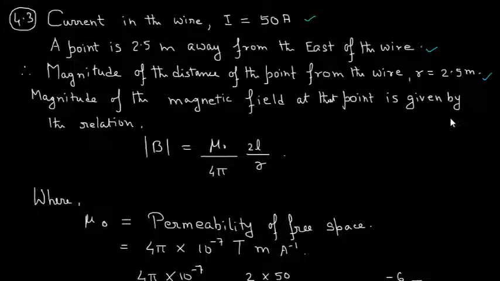Magnitude of the magnetic field at the point is given by the relation modulus of B is equal to mu naught by 4 pi into 2I upon r, where mu naught is the permeability of free space. Its value is 4 pi multiplied by 10 to the power minus 7 T m A inverse.